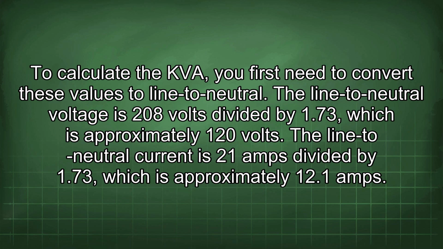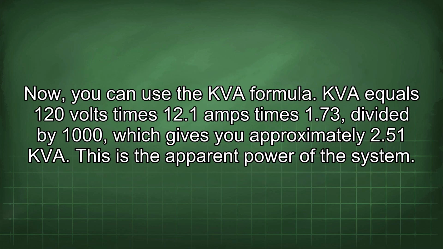The line-to-neutral current is 21 amps divided by 1.73, which is approximately 12.1 amps. Now, you can use the KVA formula. KVA equals 120 volts times 12.1 amps times 1.73 divided by 1000, which gives you approximately 2.51 kVA.